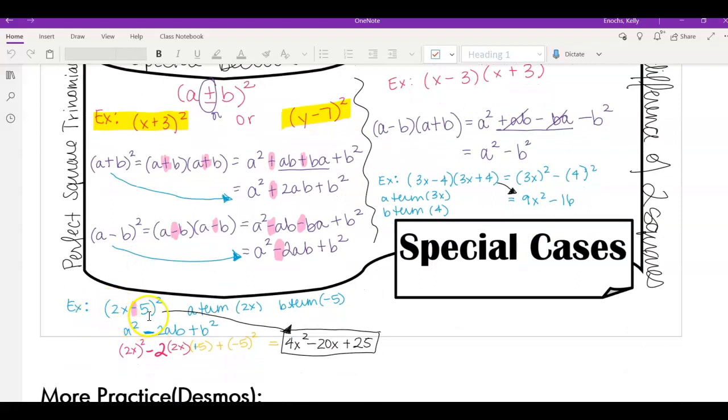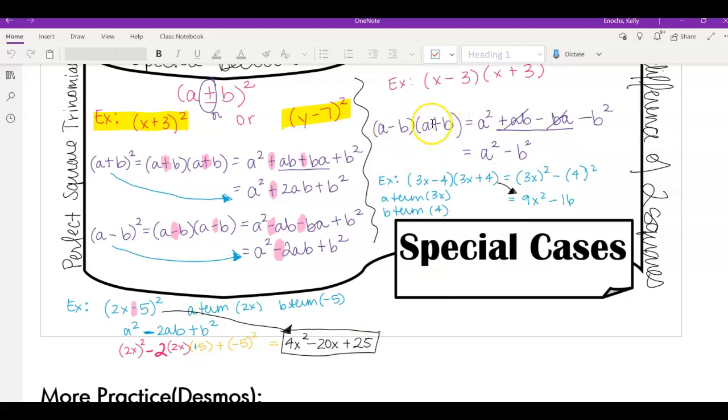If I have 2x minus 5 squared, then I can use the shortcut where my first term is 2x and my second term is negative 5 and do 2x squared minus 2 times 2x times 5 and then plus negative 5 squared. And that gives me a total of 4x squared minus 20x plus 25. Again, you can use the shortcut if you want, but you can also just FOIL if you wanted to.